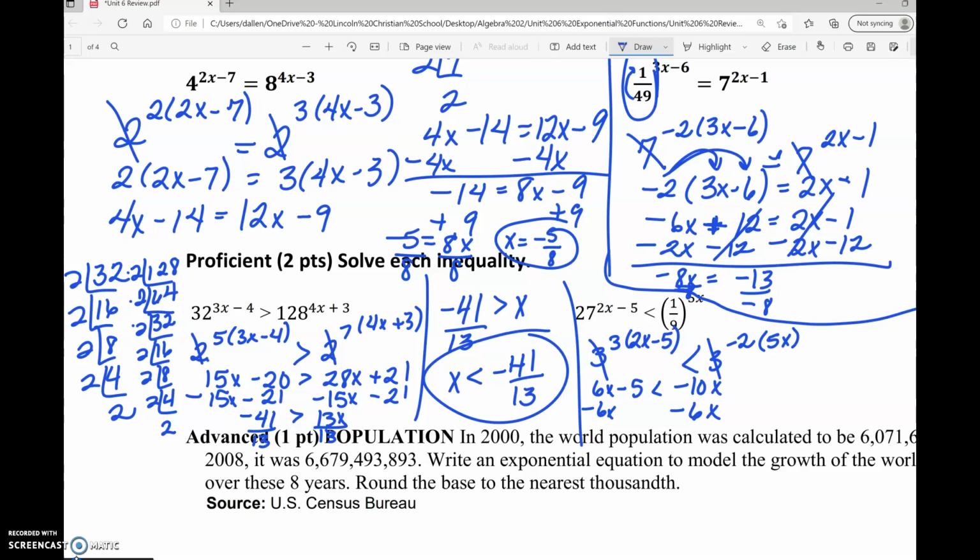So I have negative 5 is less than negative 16x. And then this should be 15, so negative 15. And then divide by negative 16. Since I divided by a negative, I'm going to flip my inequality. So I have 15 over 16 is greater than x, or x is less than 15/16.